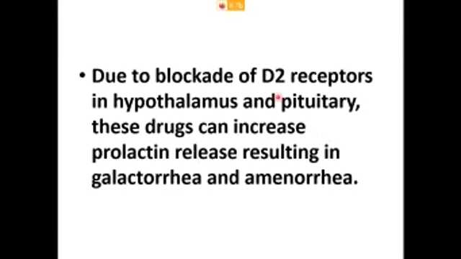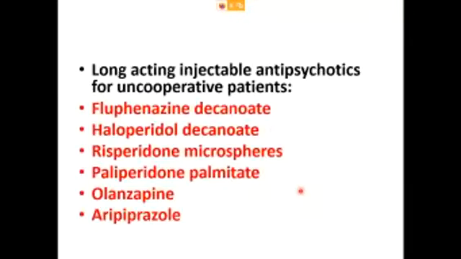Due to the blockade of dopamine receptors in the hypothalamus and pituitary, through the tubero-infundibular pathway, these drugs can increase prolactin. Yesterday we discussed this. They result in galactorrhea and amenorrhea. Increased prolactin can also cause infertility through amenorrhea.